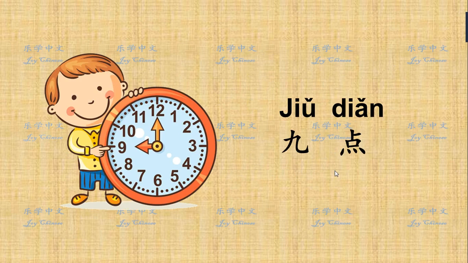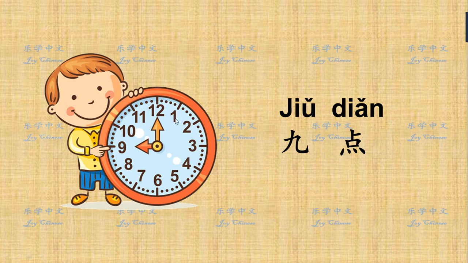Alright, let's go to the clock. Let's see how we express the time. The first one is the full hour, from 1 until 12. Use 9 o'clock as an example. You directly say 9 o'clock. We learned numbers in the first vocabulary video. 9 is 9, o'clock is 点. 9点. For all of these times it's the same. You just put the number in front of 点.